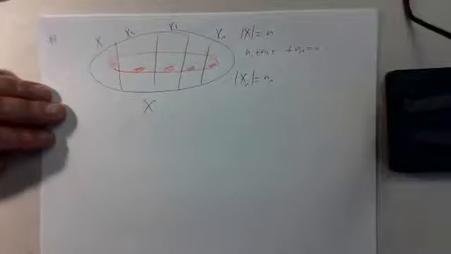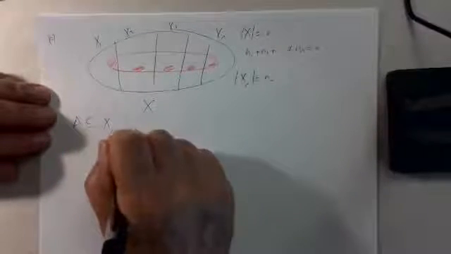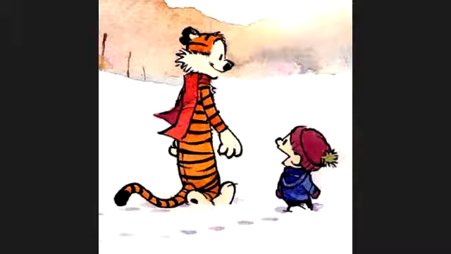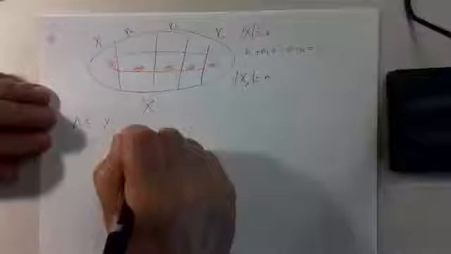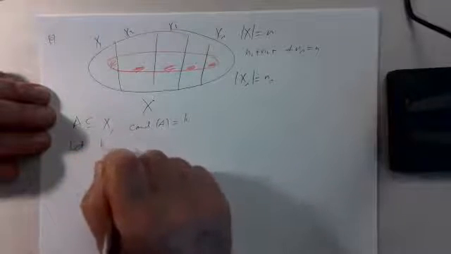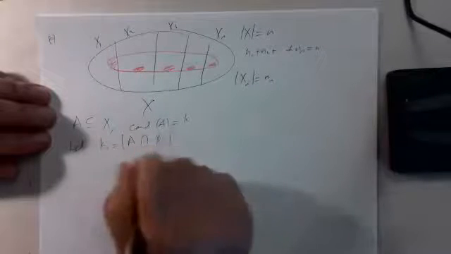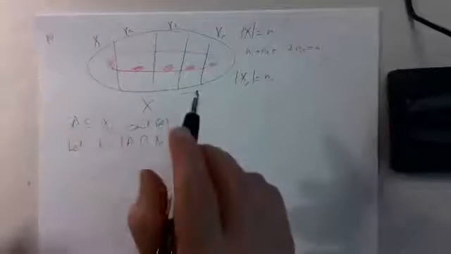And let's say you take a subset A contained in X, and the cardinality, or the number of elements of A, is equal to k, and you let k sub i be how many elements of A are in this part x sub i. So the intersection of A with x sub i.